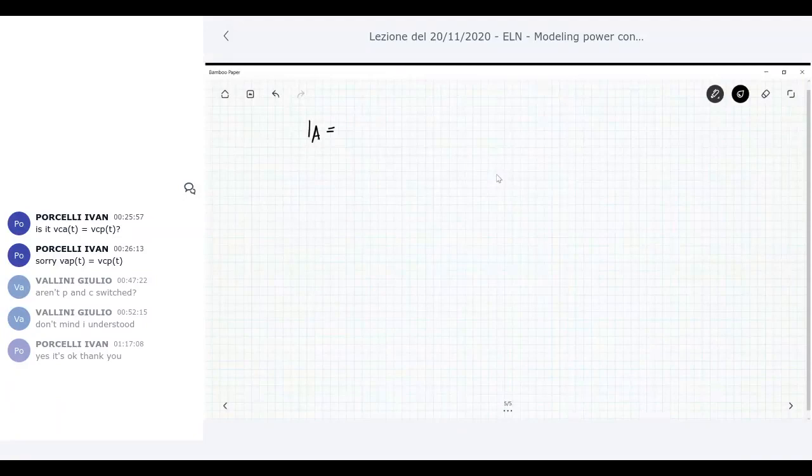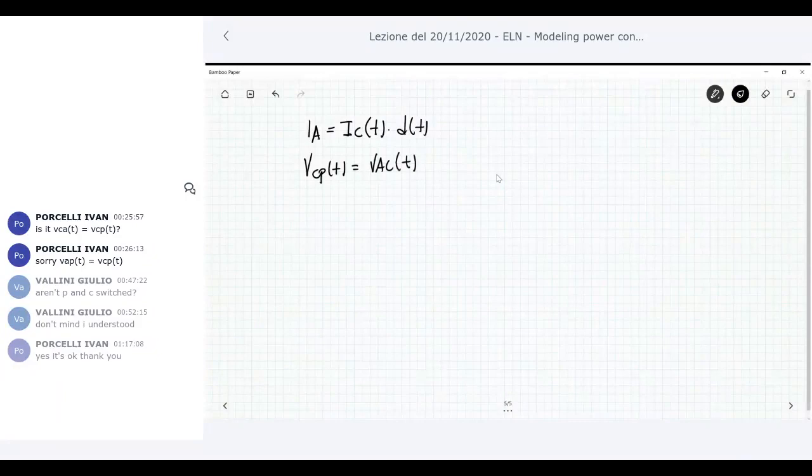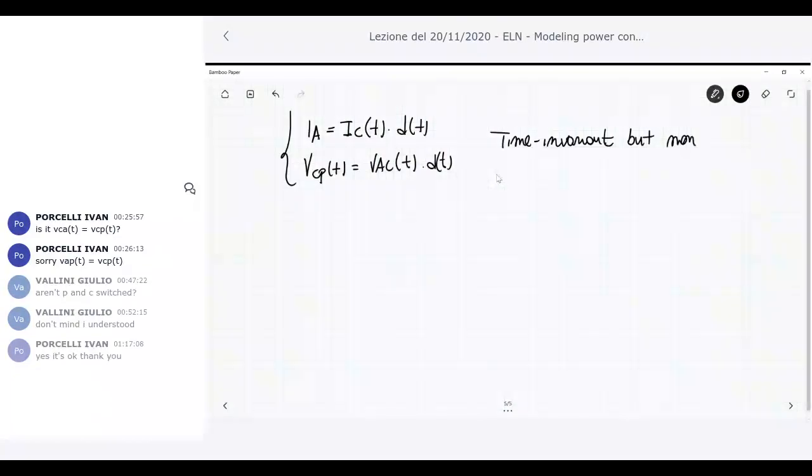So IA is IC multiplied by d, and d depends on t. And then you have VCP, which is d times VAC. Okay, so time invariant, they come out from an averaging process, but non-linear.